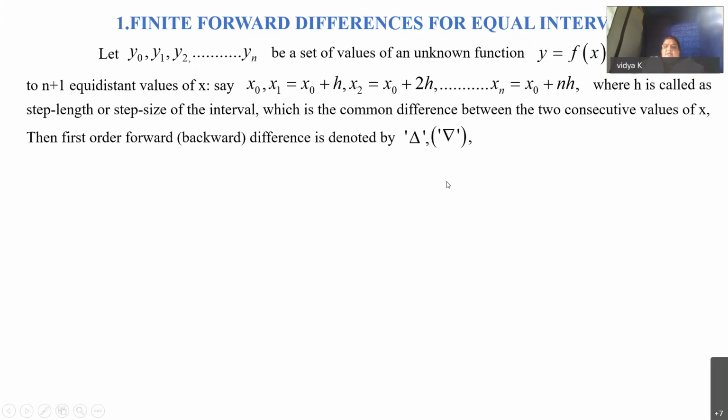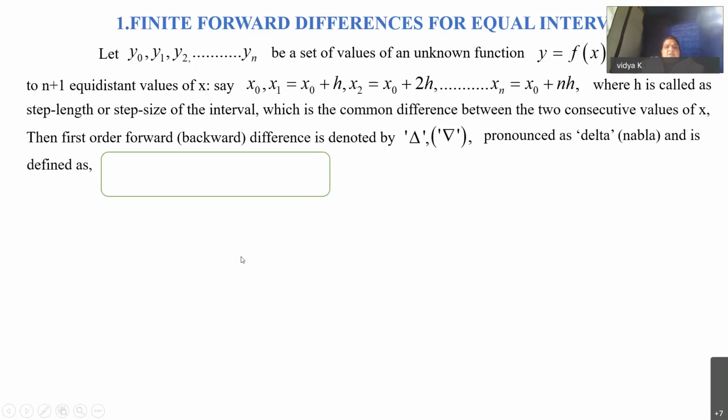Backward is by nabla, pronounced as such: delta for forward difference, nabla for backward difference. Delta is an operator. It is first order because the power or degree of delta is 1 here, and it is always operating on y, where y is a function of x. So delta is operating always on y, or f of x, where y is equal to f of x.